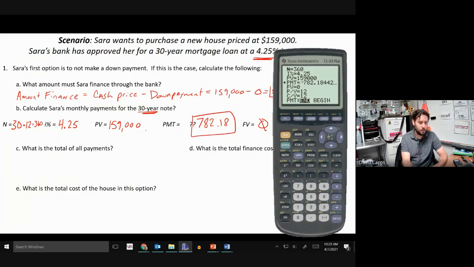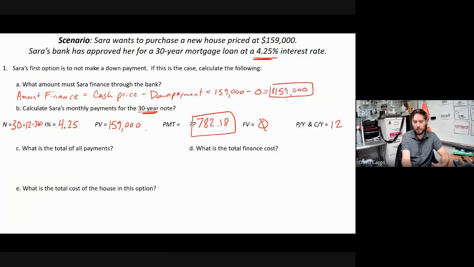Now, what is the total of all her payments? When she pays off her loan, she's not just paying $159,000. She's going to be paying more to the bank, because the bank is going to charge her a finance cost. So what is the total of all her payments here?